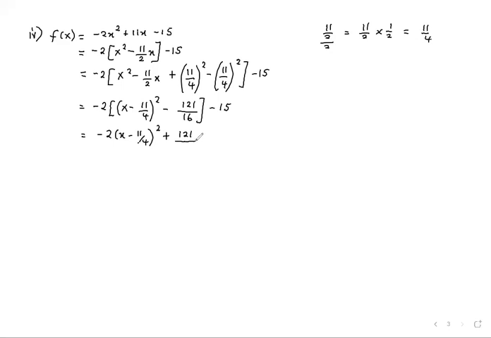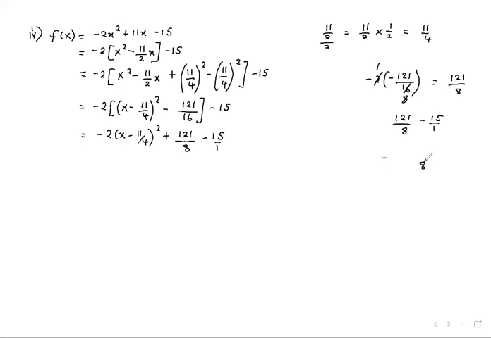So we have negative 2 times x minus 11 over 4 squared plus 121 over... So how do we multiply the negative 2 outside? We are saying negative 2 multiplied by negative 121 over 16. So when multiplying, we pay attention to the denominator here because we know that this 2 goes in 16 8 times. So we just write it as 121 over 8. Then minus 15. This is now a time when you get to add the 15 to the constant. So 121 over 8 minus 15 over 1.